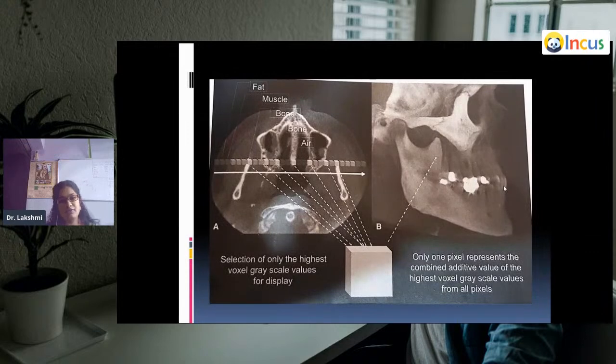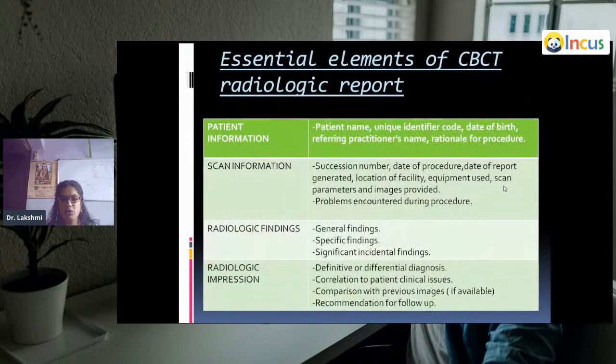Fine. Now, after having understood this, we can go to the essential elements of a CBCT radiologic report. Once you are done with the CBCT imaging, how do you prepare the report and what are the basic elements which have to be there in your report? It can be divided into 4 headings: patient information, scan information, radiologic findings, and radiologic impression.